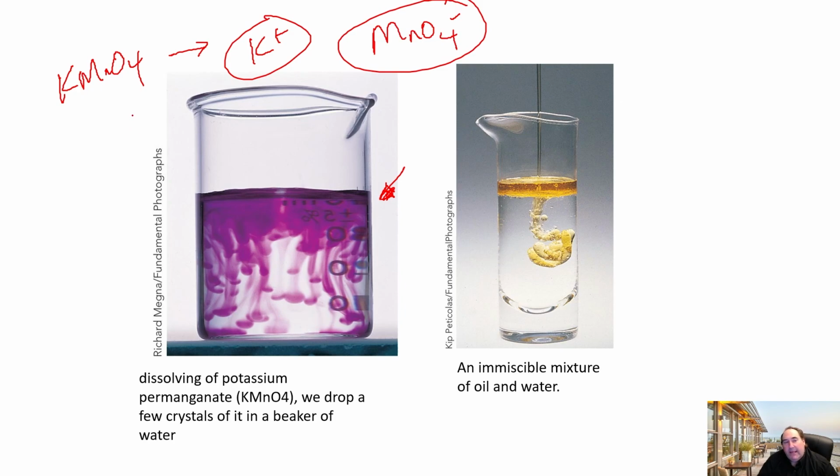And once again, they're going to be able to be surrounded by our polar water all the way around. And again, I'm not going to draw all the waters, but they're going to be able to interact here, once again doing ion dipole interaction, and now they're going to be very, very soluble.